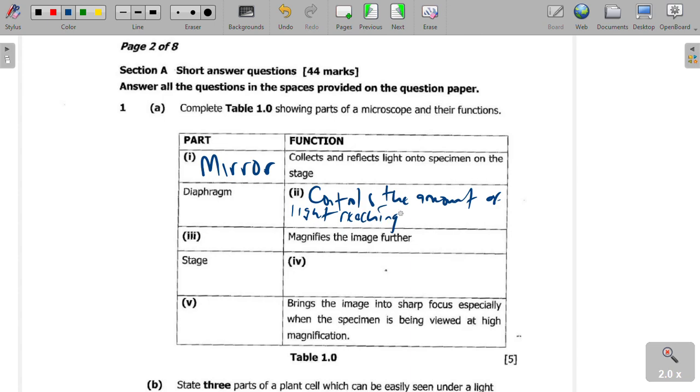So the diaphragm controls the amount of light reaching the what? The specimen. This is the function of the diaphragm. Okay, let's continue.